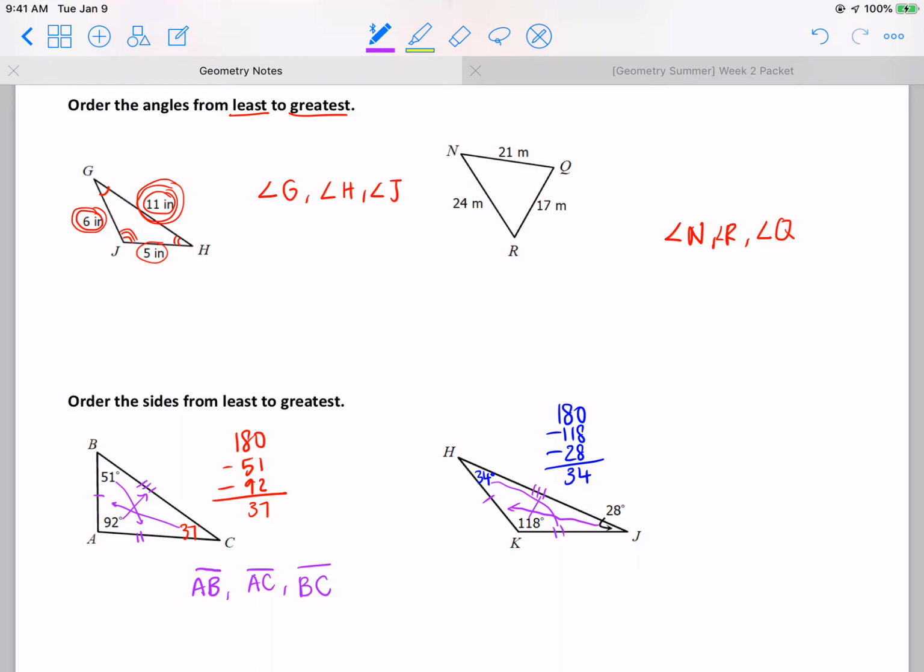So angle, not angle, we're doing sides. HK is the first one. Side with 2 tally marks is JK, and last one would be HJ. Okay, good. Hopefully that was kind of easy.